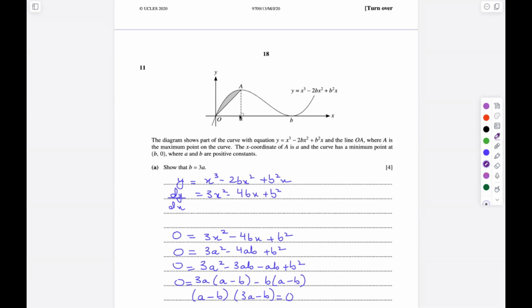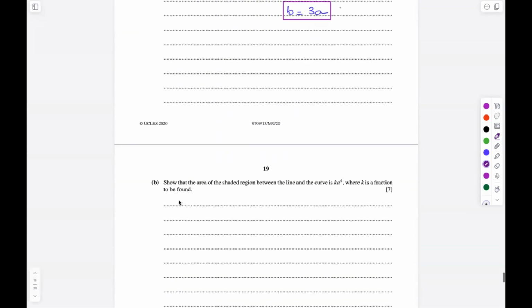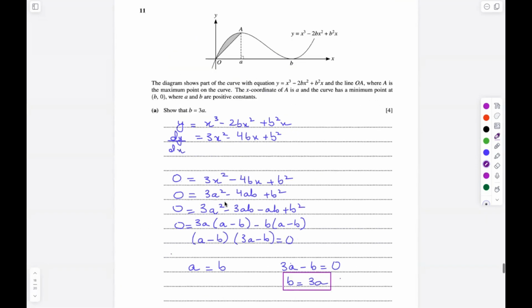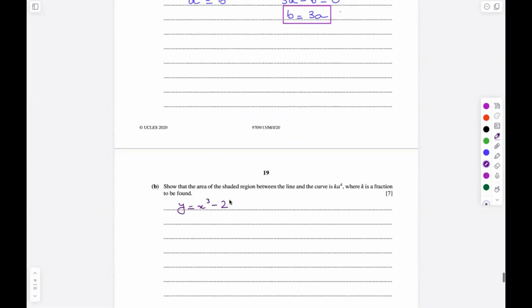So first, finding the area of the triangle, we know that the base is a, and to find the height, we'll have to substitute x equals a. The equation of the curve is y equals x cubed minus 2bx squared plus b squared x.